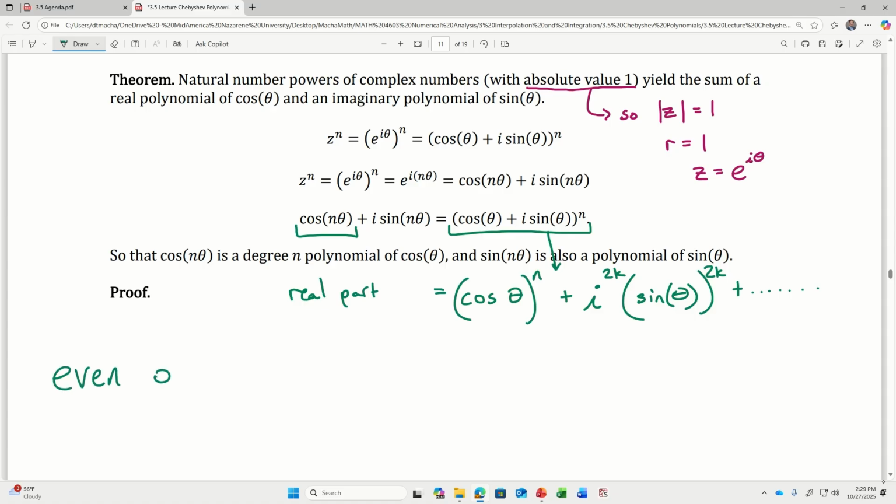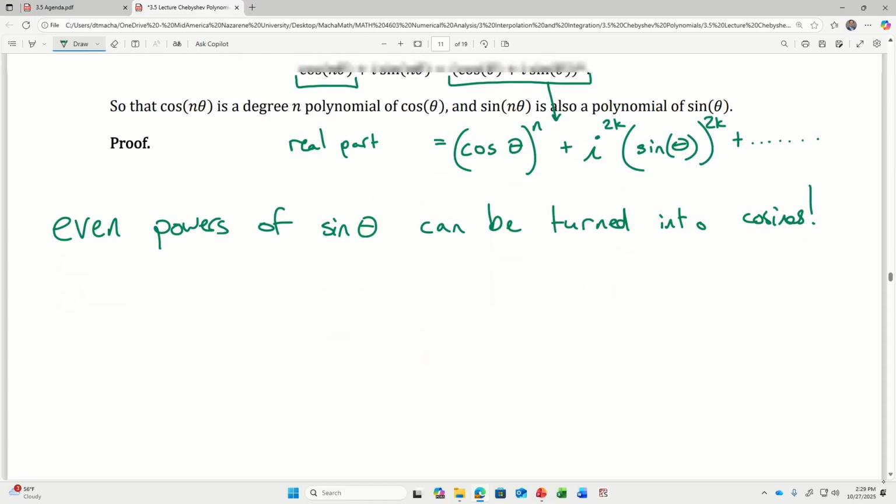Well, even powers of sine can be turned into cosines. Like, for example, I'll show you.